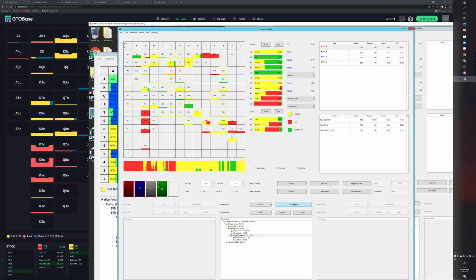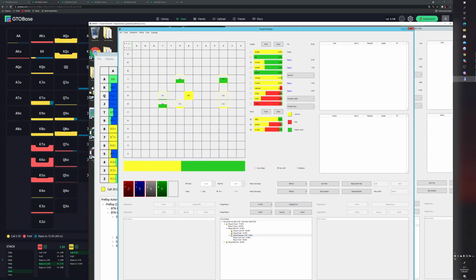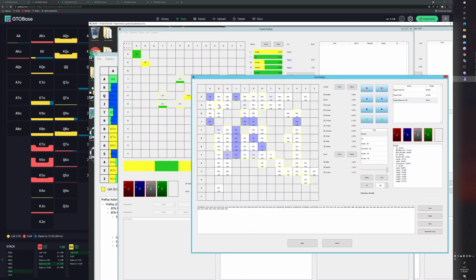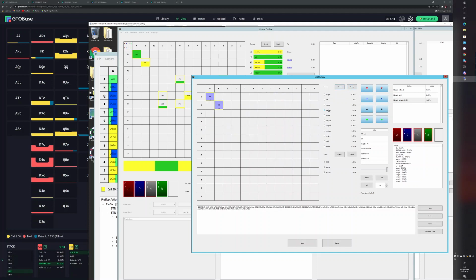Okay, so now we check shove 9% of hands, and our check calling range is, of course, pretty capped. Yeah, also we shove kings. What else? Yeah, all the two pair combos as well.